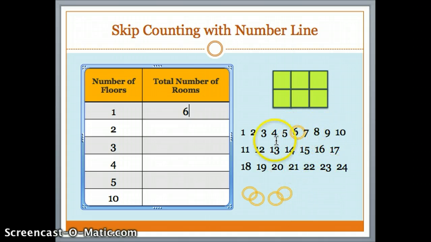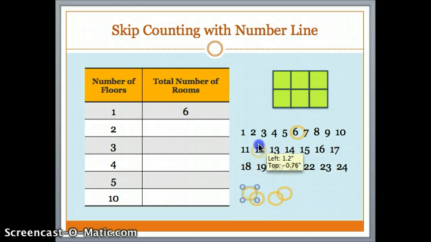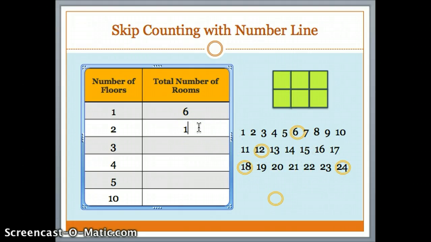1, 2, 3, 4, 5, 6. 1, 2, 3, 4, 5, 6. So right now I'm on the fourth floor. Let me fill these into my table right now before I forget.